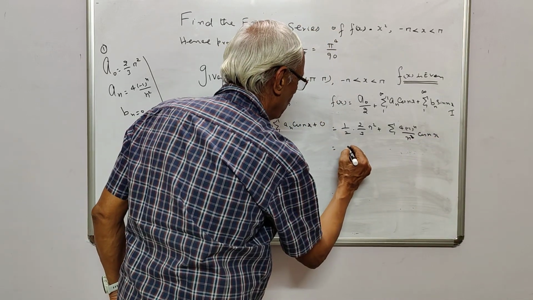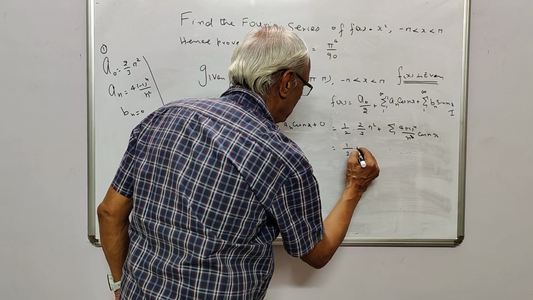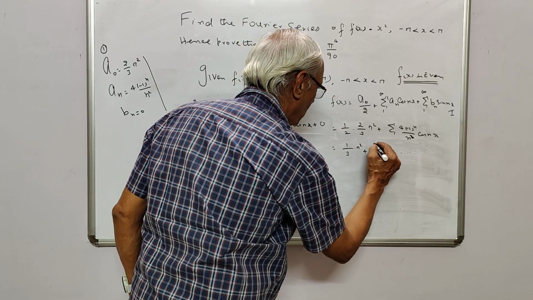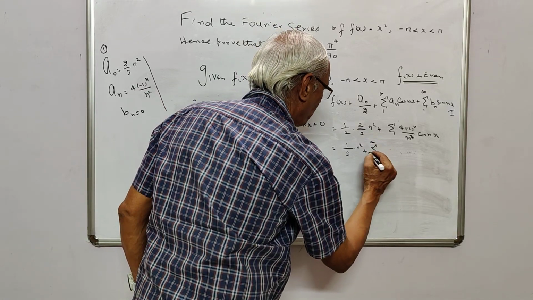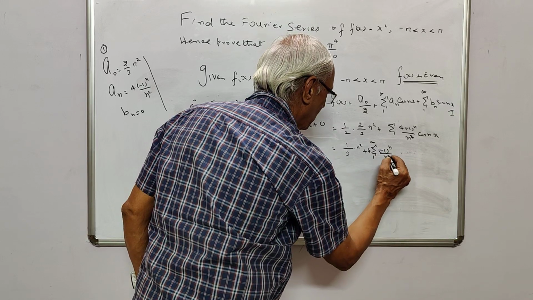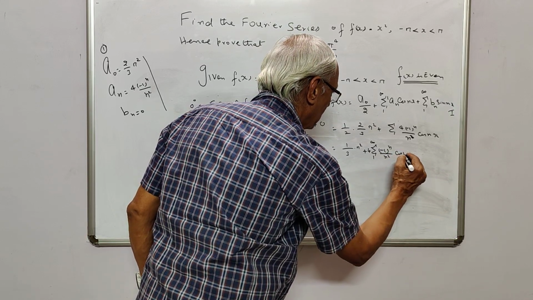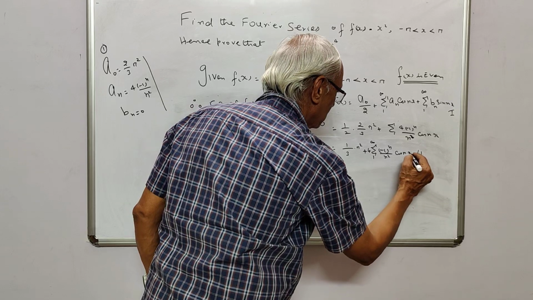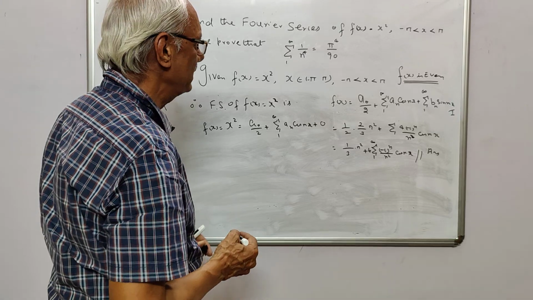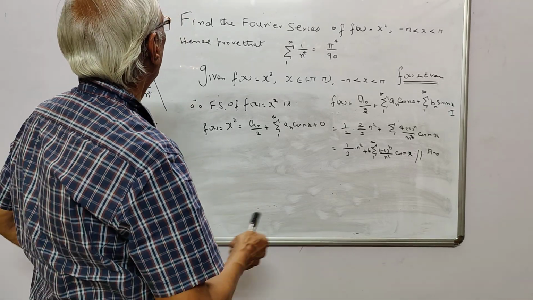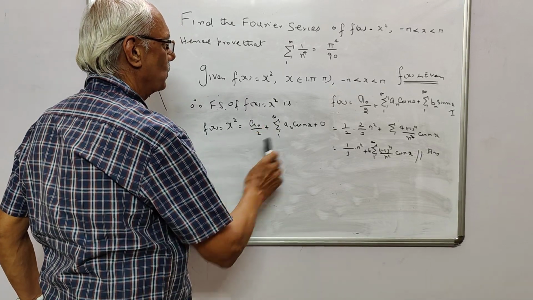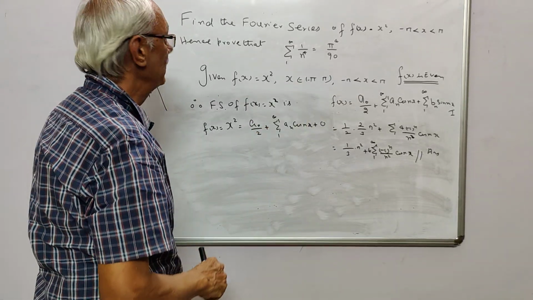So this is equal to 1 by 3 into pi squared plus sigma of 1 to infinity of 4, you can take it outside, (-1) to the power of n divided by n squared into cos nx. So this is your answer. So this is the Fourier series for the function f of x is equal to x squared defined in this particular interval.